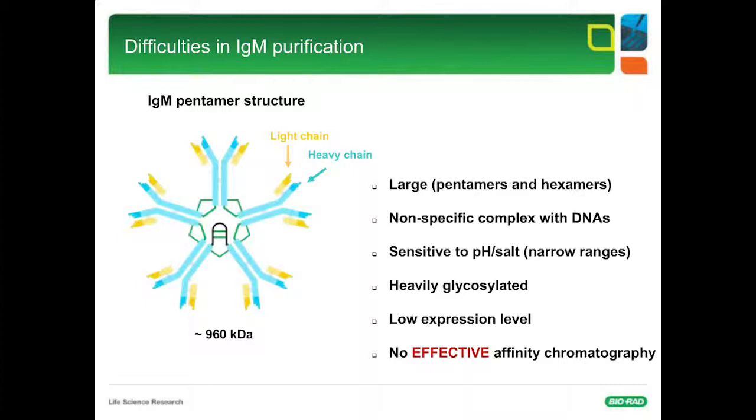And a lot of the time, IgM molecules are found forming complex with DNA. They are not as stable as IgGs, so they're very sensitive to buffer salt and pH. On the other hand, they're highly glycosylated, making the charged residues not accessible for interaction with chromatography resins.